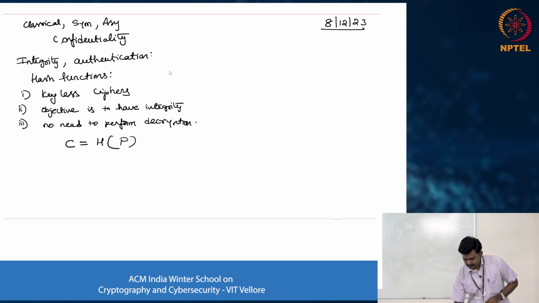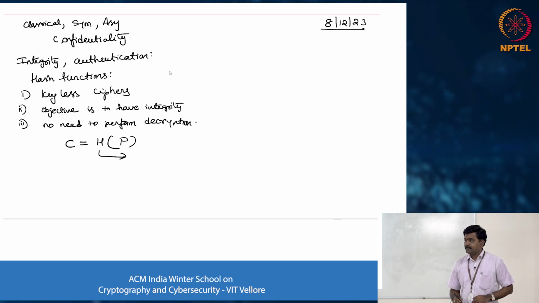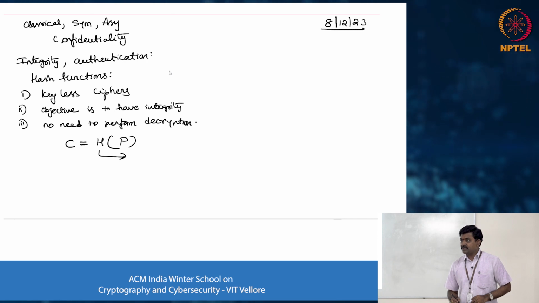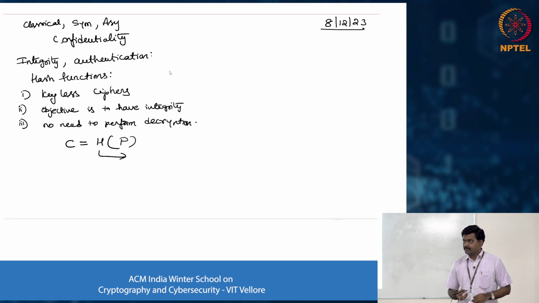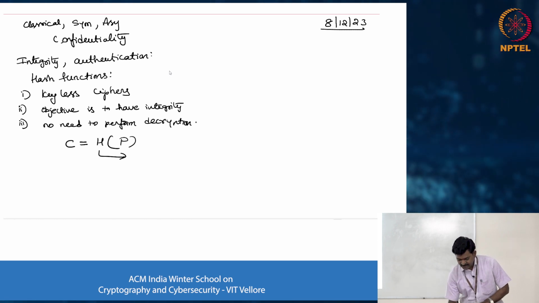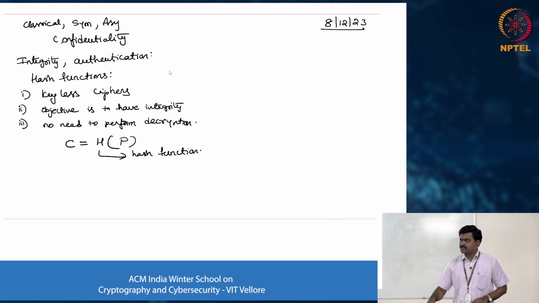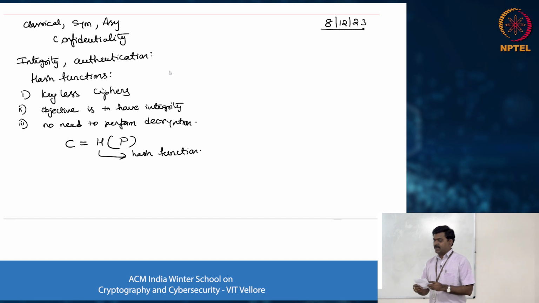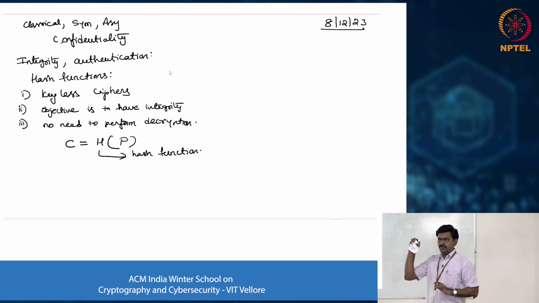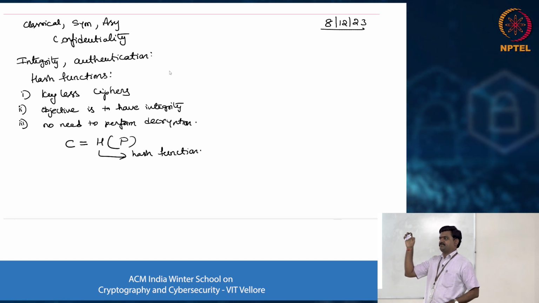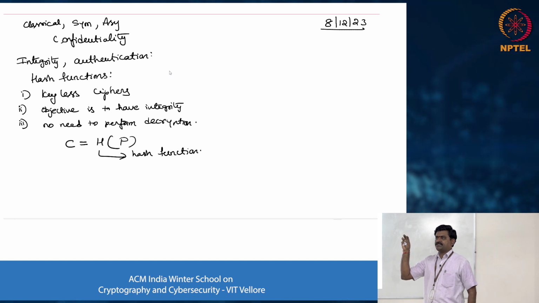Generally, C is equal to E of P comma K, or E of P comma public key, whatever it is. Had I written E, I have written H instead. So what is H? H is a hash function. What is this H doing? H takes the plain text and compresses it. When I say compress, it is actually creating the digest.